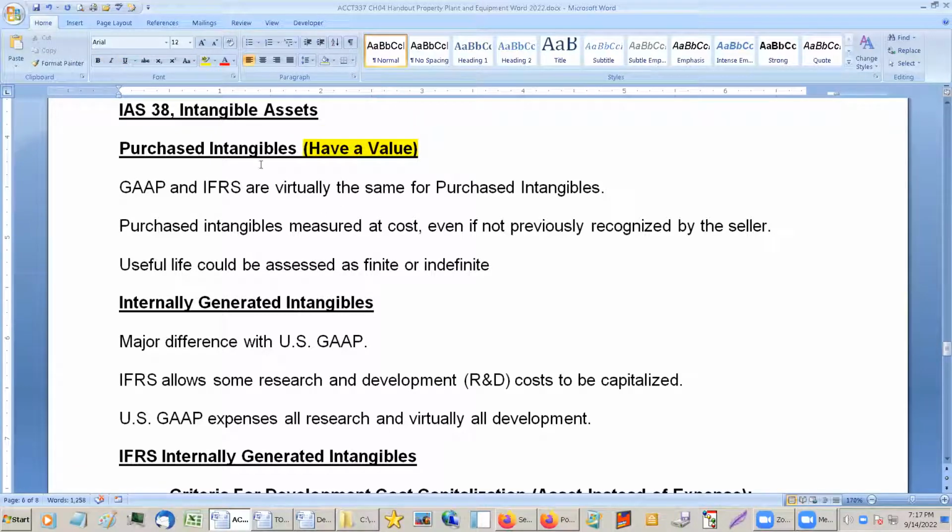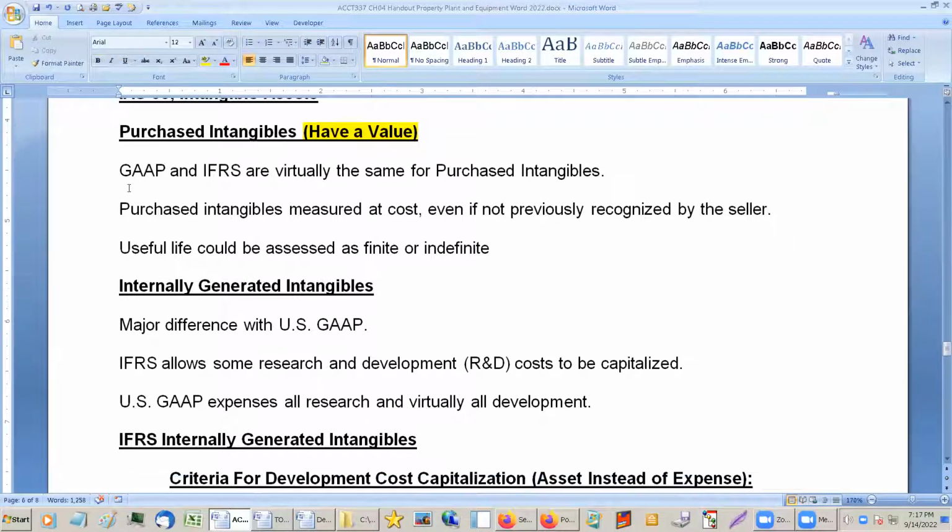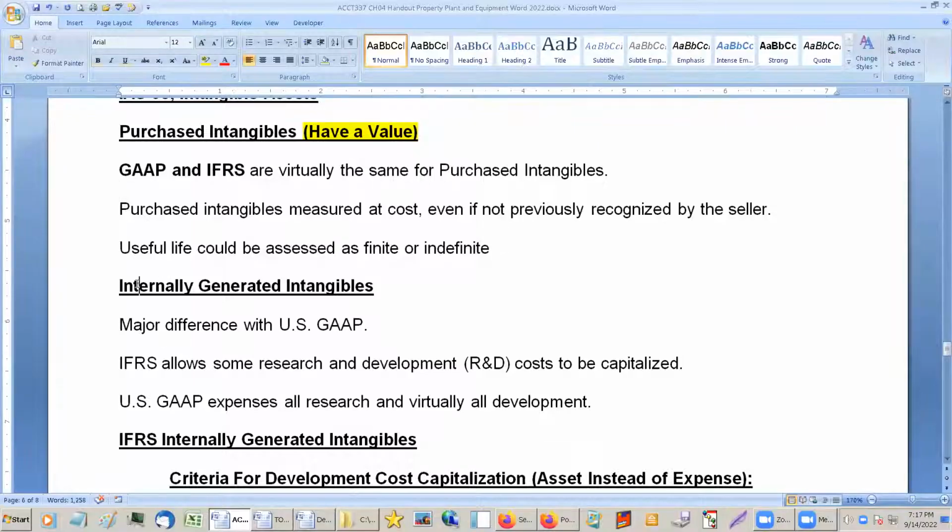So these intangibles are not worthless, whereas the internally generated ones might be. And GAAP and IFRS are basically the same for these two. There's nothing too thrilling about them. But there's a difference between an asset that is internally generated and one that is purchased. One that's purchased, it must have a value. You purchase it for a reason. One that's internally generated, you don't know if it's worth anything or not. So there is a big difference between a purchased one and an internally generated one. And these are the problem.